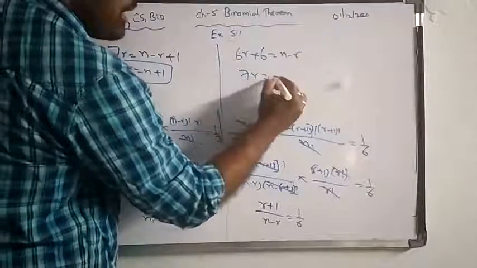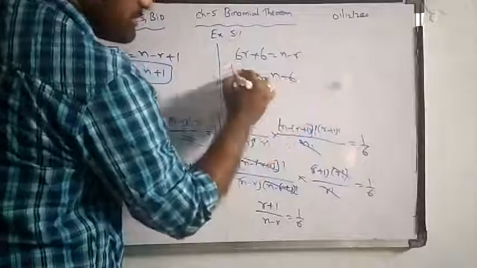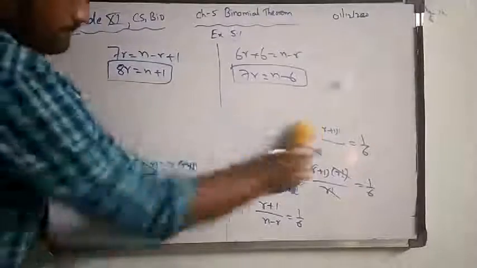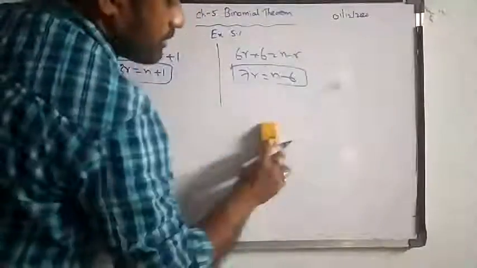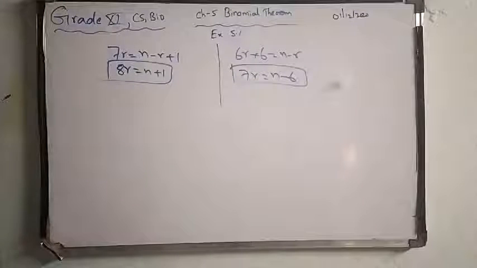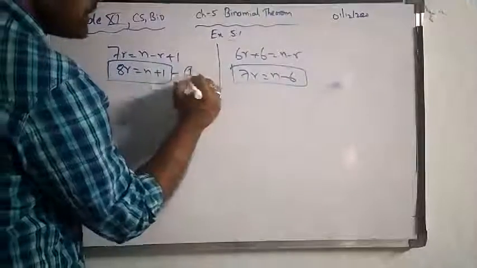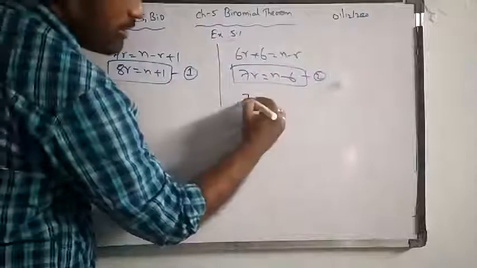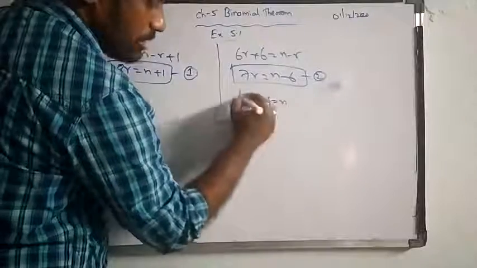So that is 7r equals n minus 6. Keep this as the first equation and this as the second equation. From this we can get the n value as 7r plus 6 equals n.